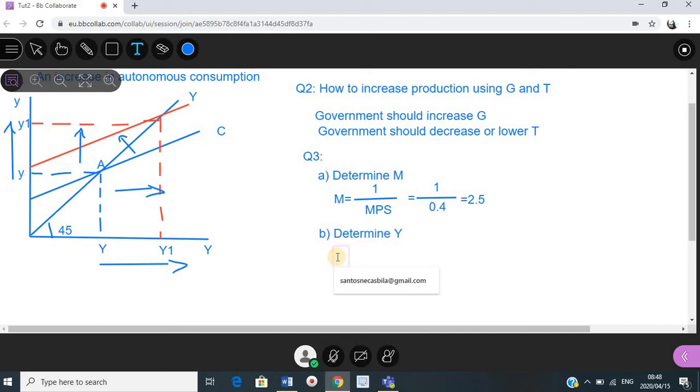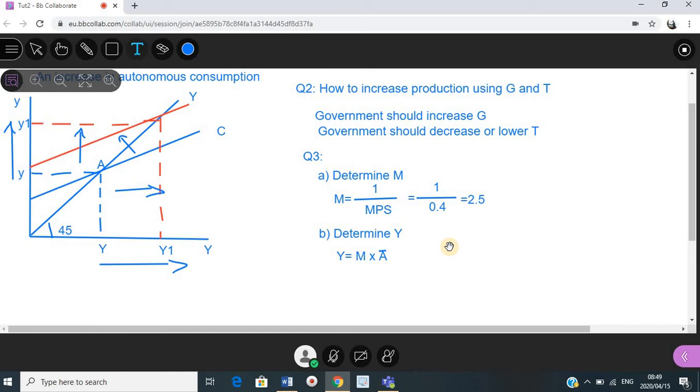Y is equilibrium income, and Y is equal to m multiplied by autonomous consumption. Very good.